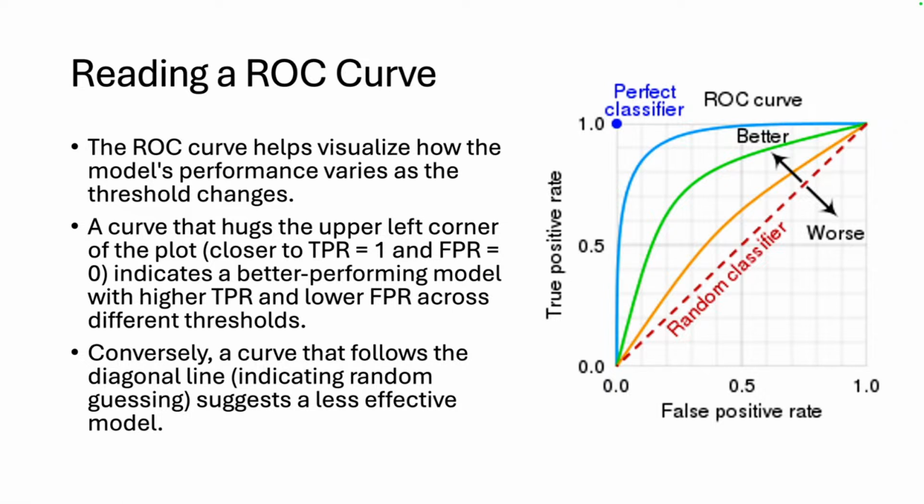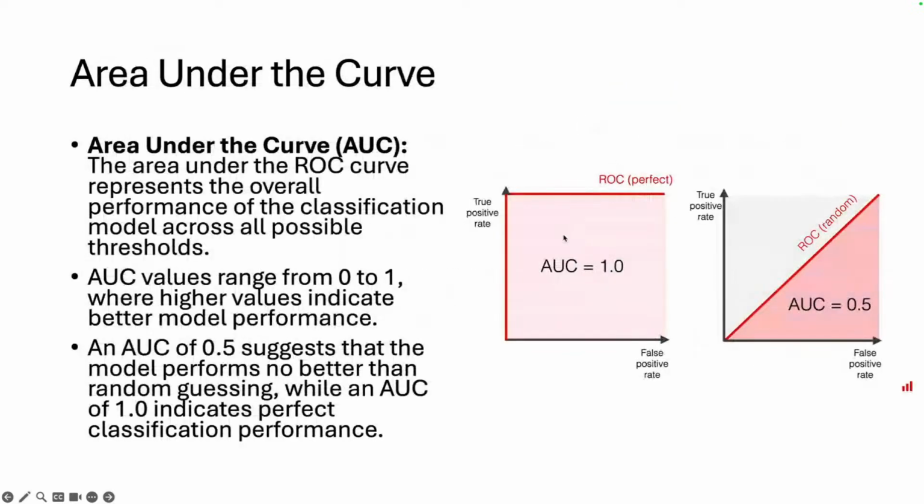I'd be very concerned if you had a perfect model, and that's not what we see in reality. But if we took the area under this curve, which looks like an L-shaped line, that area would be 1. And remember I said models never go below this random line, so the area up to that random line is 0.5.